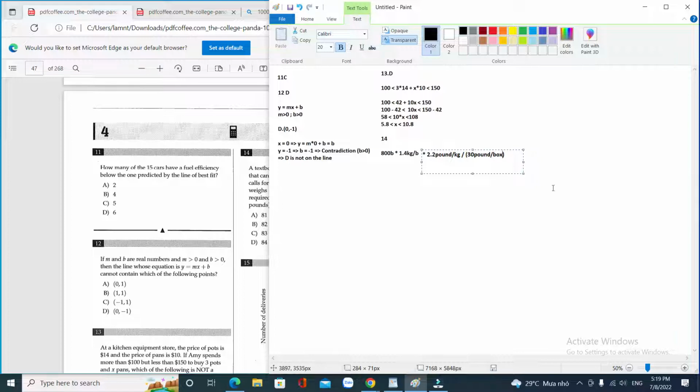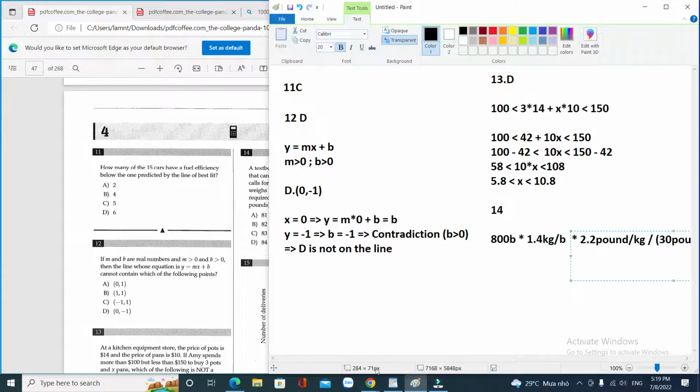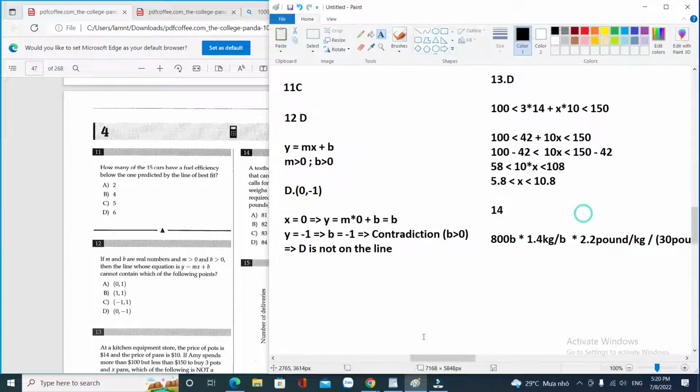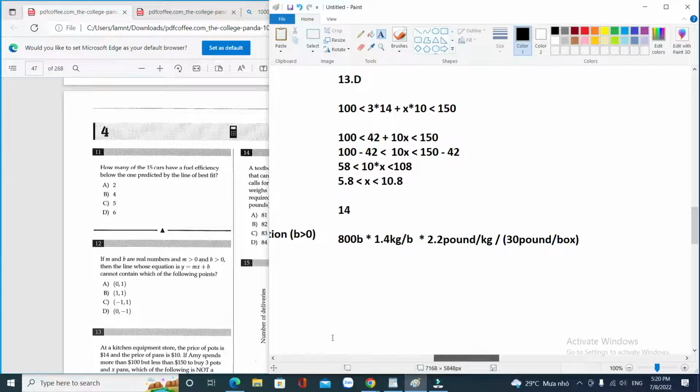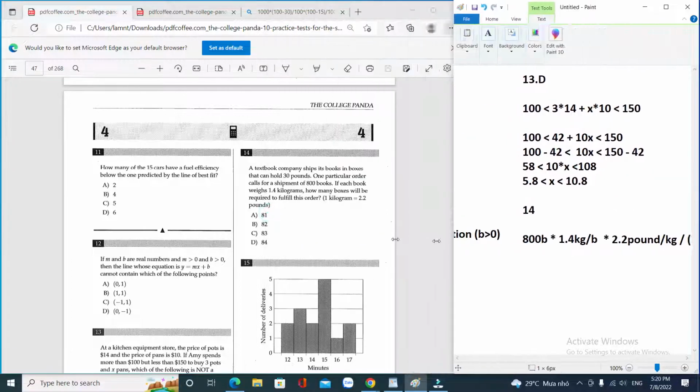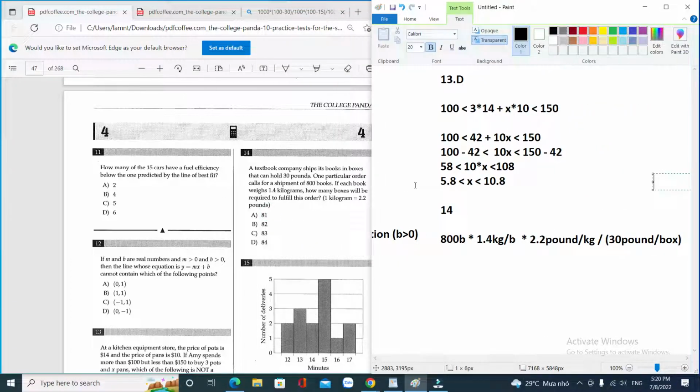Okay, so number of boxes. That's going to return us the number of boxes. So it should be, because 800 books, right, and 1.4 kilograms per book, and we convert that to pounds, and that is 30 pounds per box, and that should give us the number of boxes.